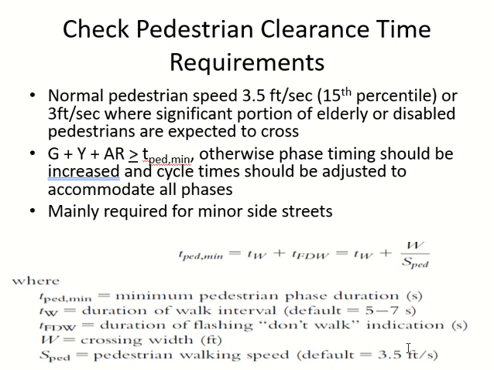So we have a pedestrian flashing time as well, in which the pedestrian is given the indication that the signal is about to close, so you have to hurry up. So we have the walking time and we have the flashing time. In the flashing time, he has a warning now. For the flashing time, we use the 15th percentile speed of the pedestrian: width of the intersection divided by this speed.